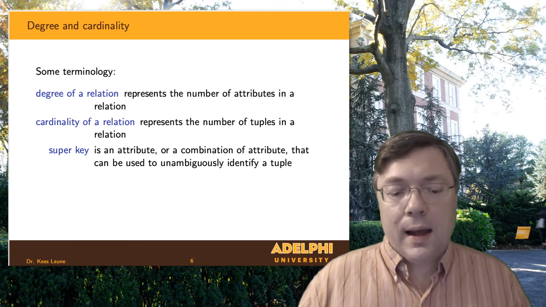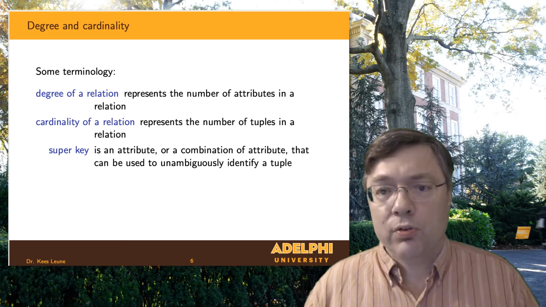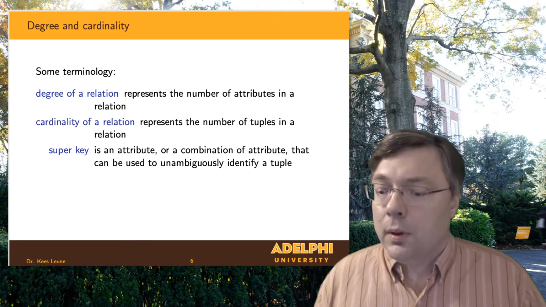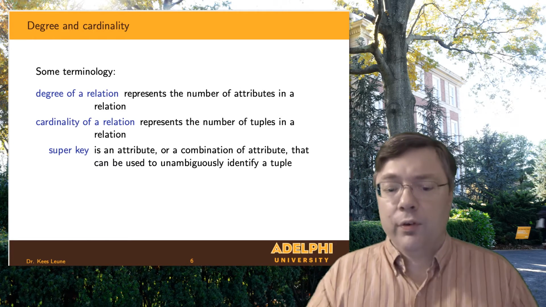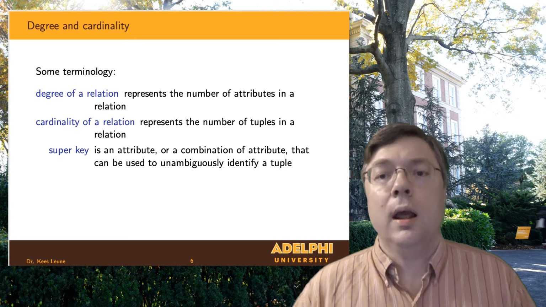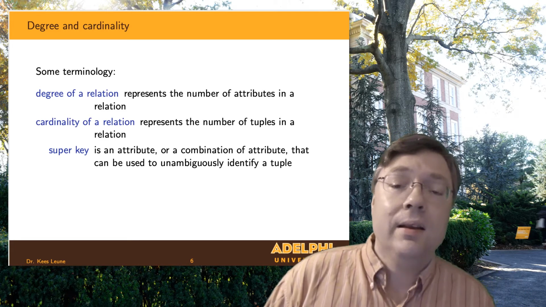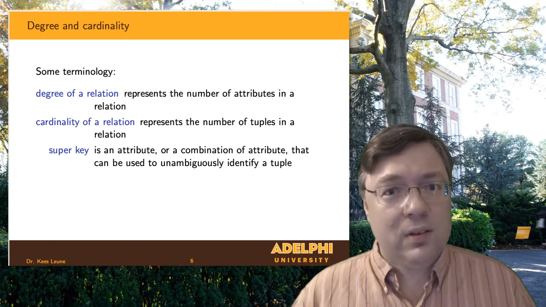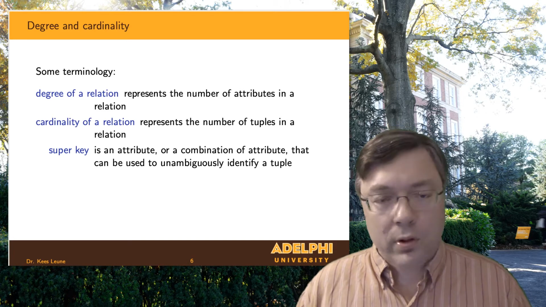So if I have, for example, a relation with people, and I have for a person their first name, their last name, their date of birth, and their email address, I might say, okay, if I have first name, last name, date of birth, then I have an unambiguous record. It does mean that if I have two people who have exactly the same name and exactly the same date of birth, my database cannot distinguish between the two. But if that is okay in your model domain, then that's fine.